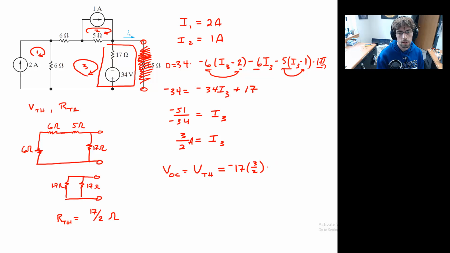It's a drop, and then we get a jump of 34 volts. So we get 51 over 2 plus 68 over 2. Or at the end of the day, 17 over 2, VTH.